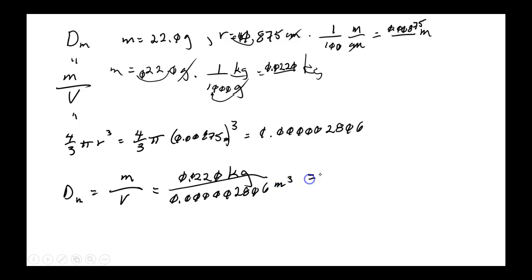All right. Now with your calculator, punch those numbers in. 0.022. You don't have to put that last 0 in the calculator. It doesn't care about significant digits. Divide that by 0.000 and then 2806, and then hit equal.